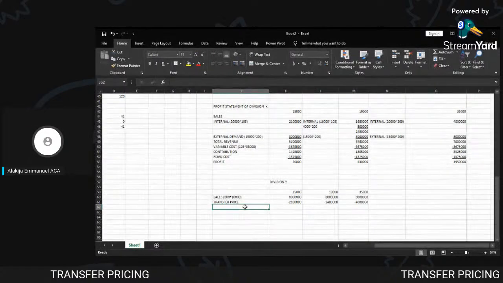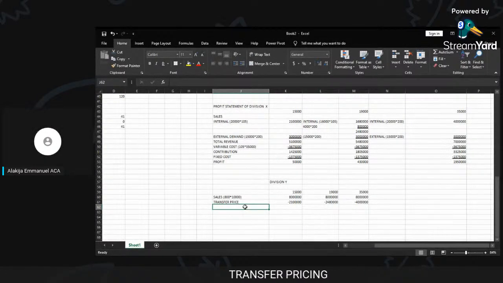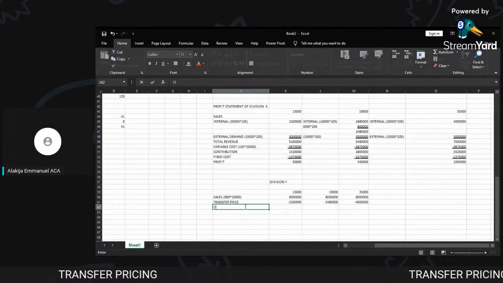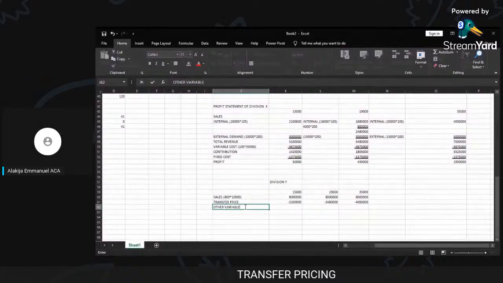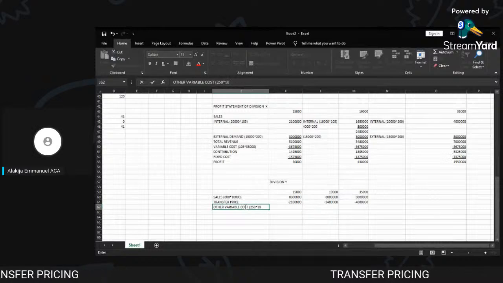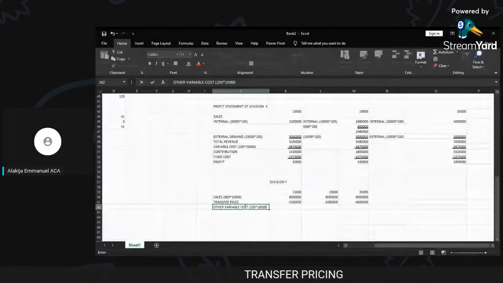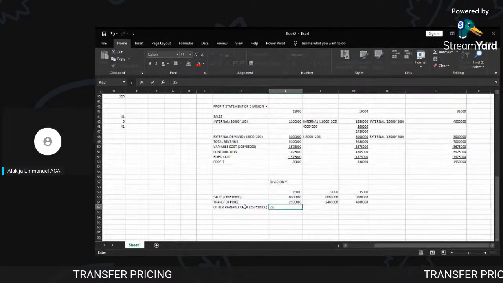Then they said we have other components. Other variable cost is sold at 250 naira, and we have to buy 10,000. So that is 2.5 million.